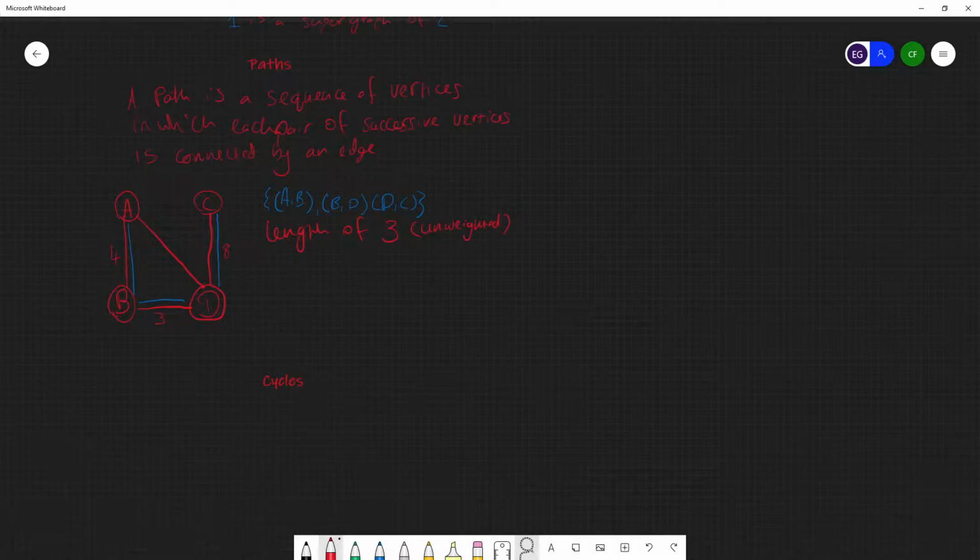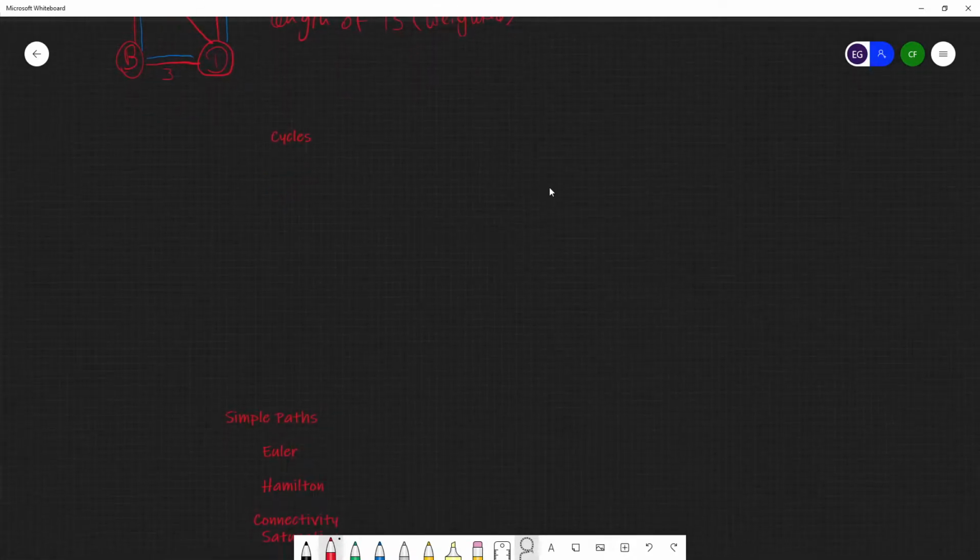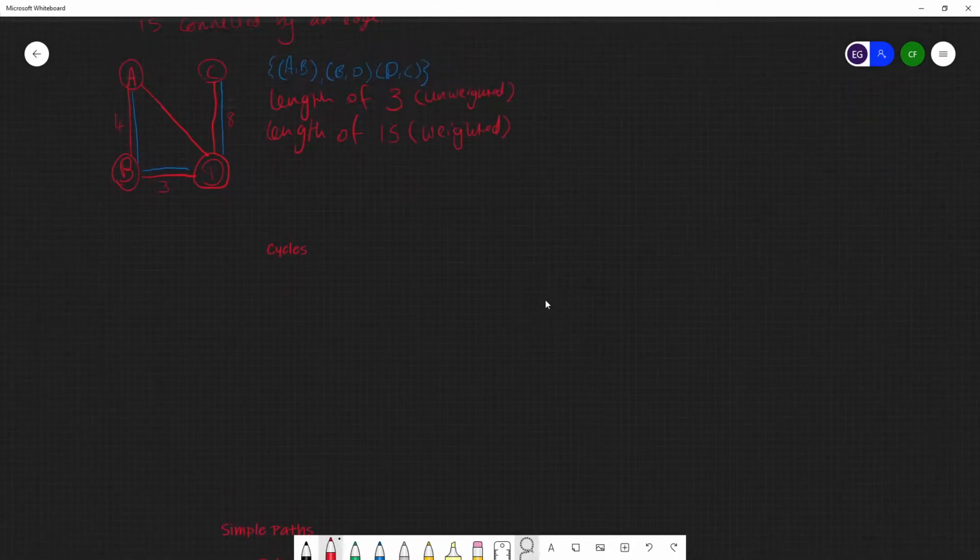So you can say now, weighted, it's a length of 4 plus 3 plus 8, which is 15. I hope that makes sense. And I think that's all we need to know for just the basics of a path.